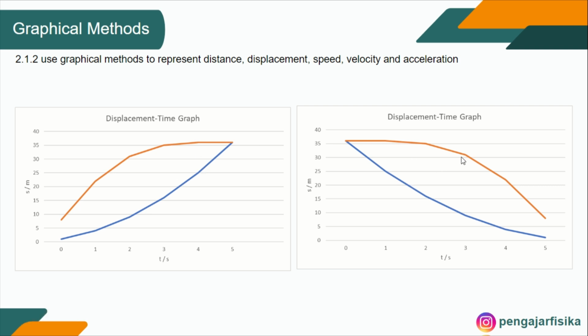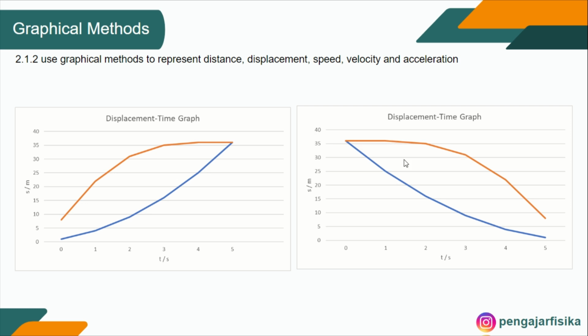Now the object is moving to the left, as you see, because the displacement starts from around 35. After 5 seconds, the blue one is only around 1 meter, and the orange one is around 7 meters. So it shows that the object is going to the left. What's the difference between the blue and the orange one?